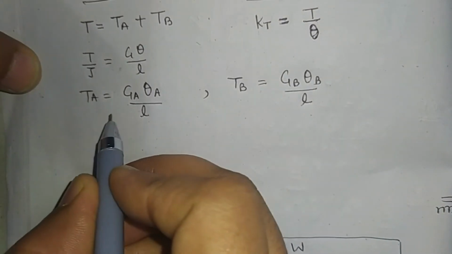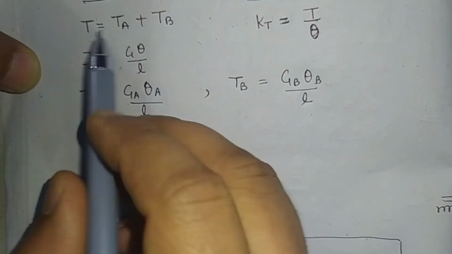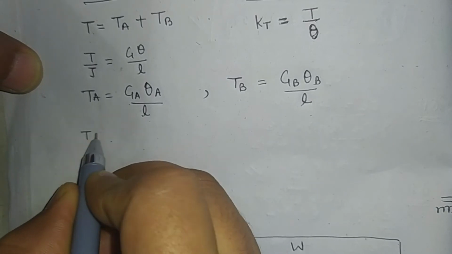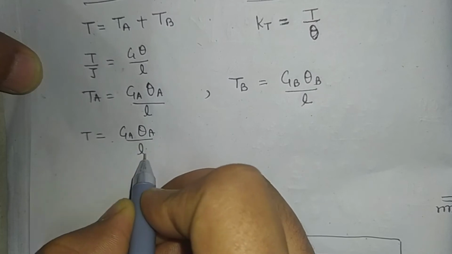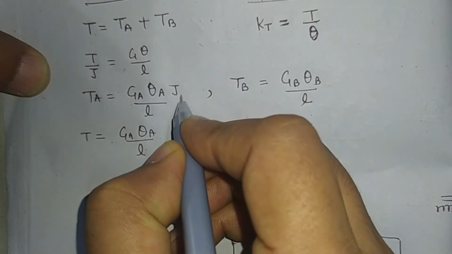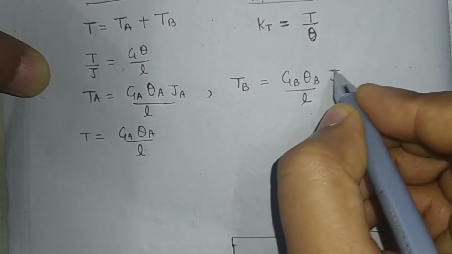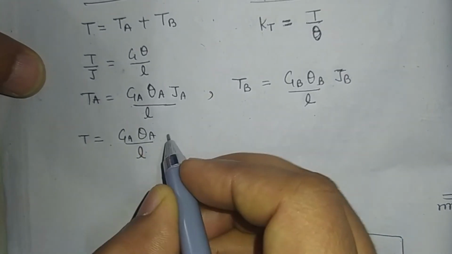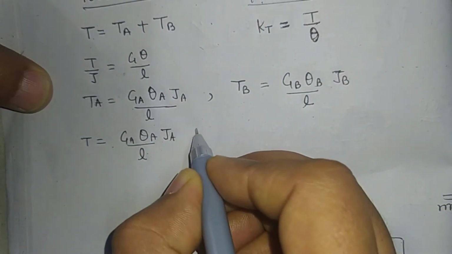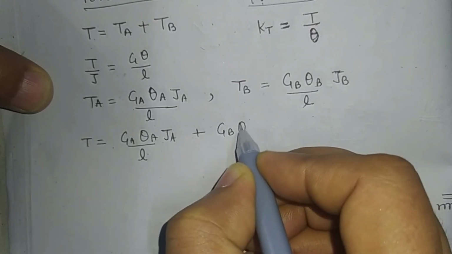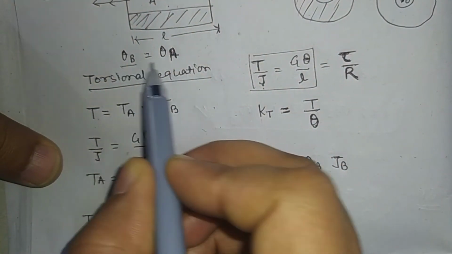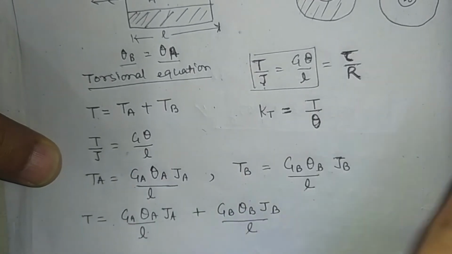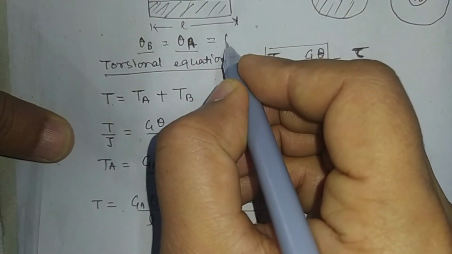Now we put TA and TB in this equation: T equals G A theta A JA plus G B theta B JB upon L. As we already see, theta A and theta B will be the same, so we simply say it is theta.